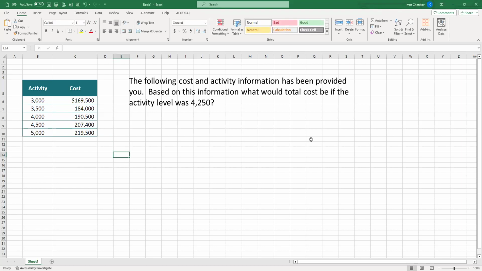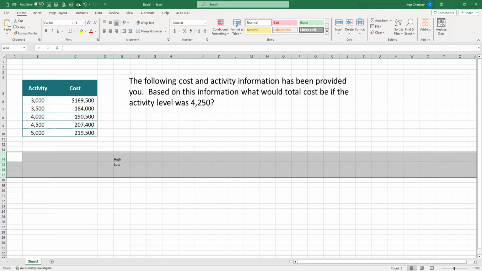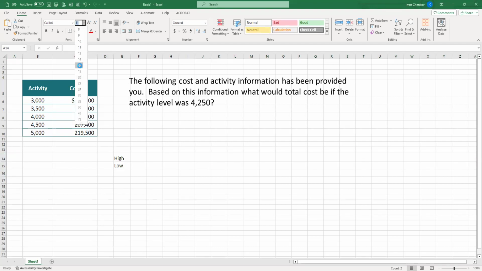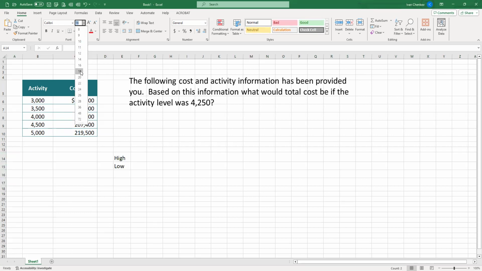So what are we chasing here? We're chasing the high level and the low level, right? That's what we need to find out: which one is the high, which one is the low. Let me make it bigger so we can see it.